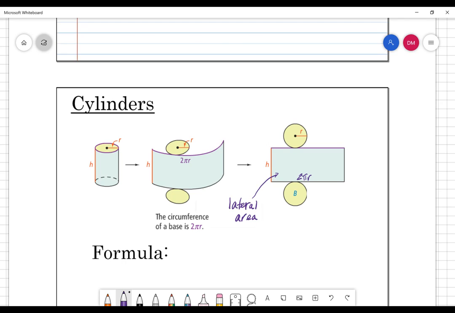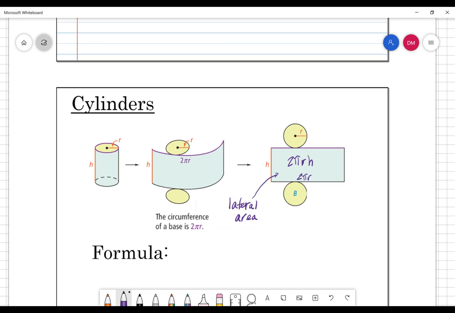So by just finding the area of this rectangle, we are finding what's called the lateral area because the rectangle is in fact the lateral face of our cylinder. We do that by taking 2 pi r times the height of the cylinder itself, 2 pi r h.